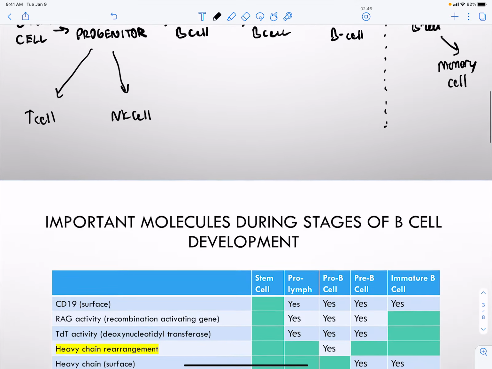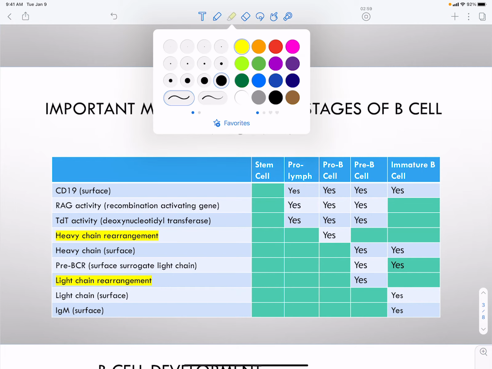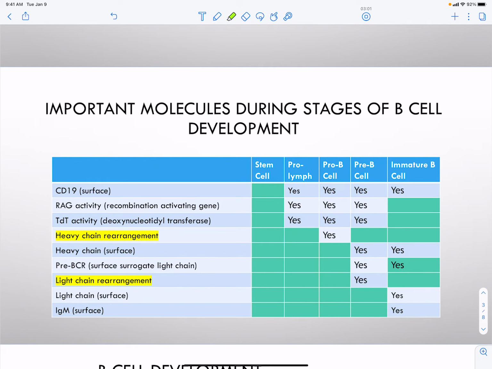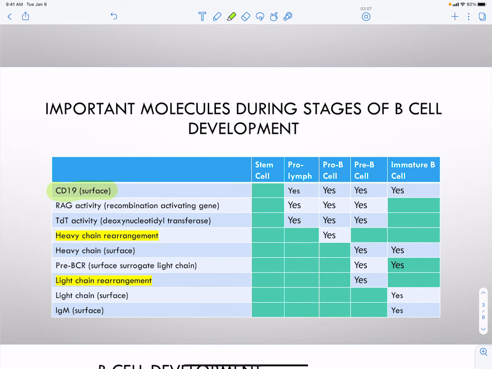Now, some things we have to talk about before we talk about this whole process in general are specific molecules that are going to be important for B cell development. And so we have on the surface of B cells a marker for B cells that's called CD19. And this B cell marker is going to be on the B cell through its life.